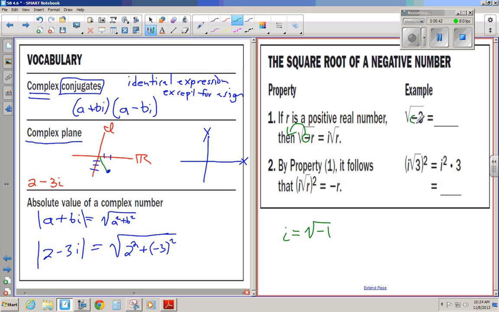So here, take the negative out, turn it into an i, and you have i square root 3. Now, if you somehow square this, you would end up with -r. So if you were to square this whole thing, you would end up with i squared times 3, which should be -3. I'm not sure why you would go through this process.